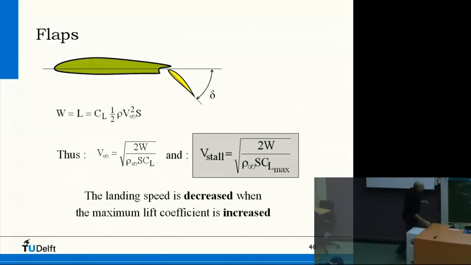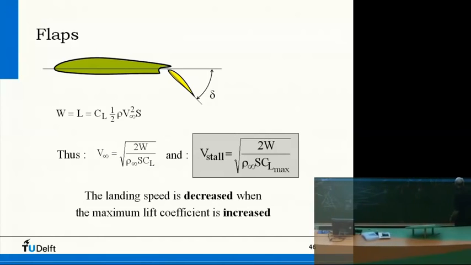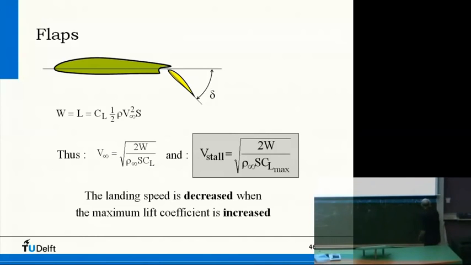Which is okay when you fly a lot. If you look at W = L = CL times half rho V squared times S, this is more or less fixed, unless you dump a few passengers in cruise.